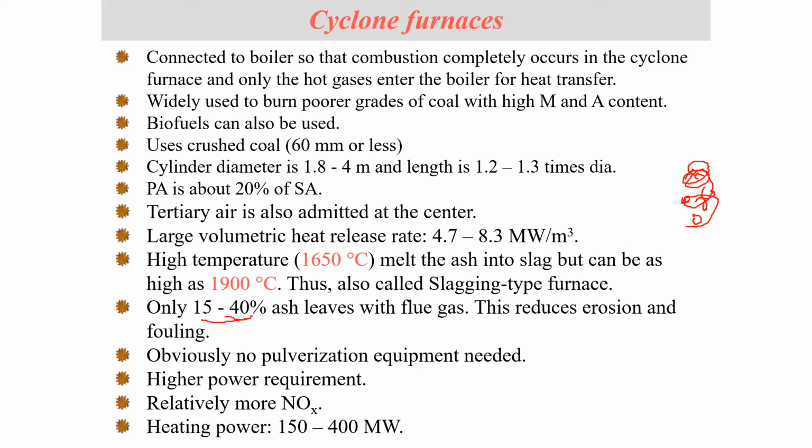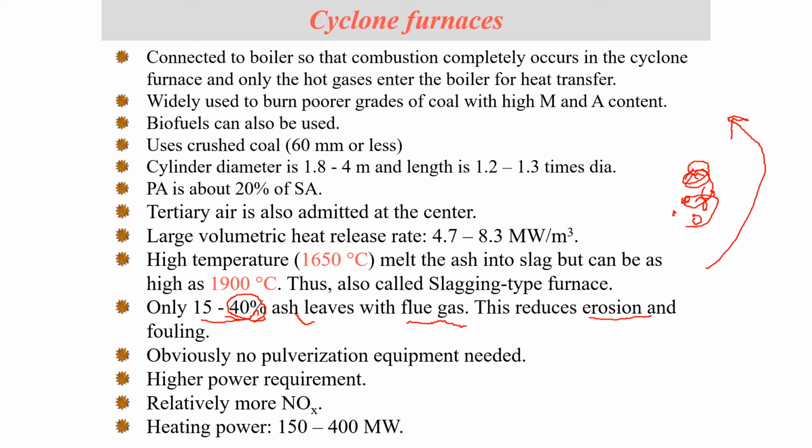This is actually a pretty large number though. In pulverized coal, you will have a lot more ash because the ash is actually very small. It is the size of a small particle, so that will go on completely with the flue gases, and that will result in corrosion and erosion.